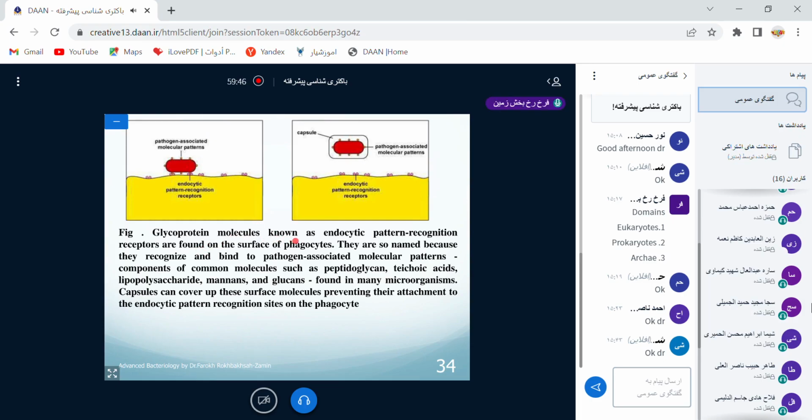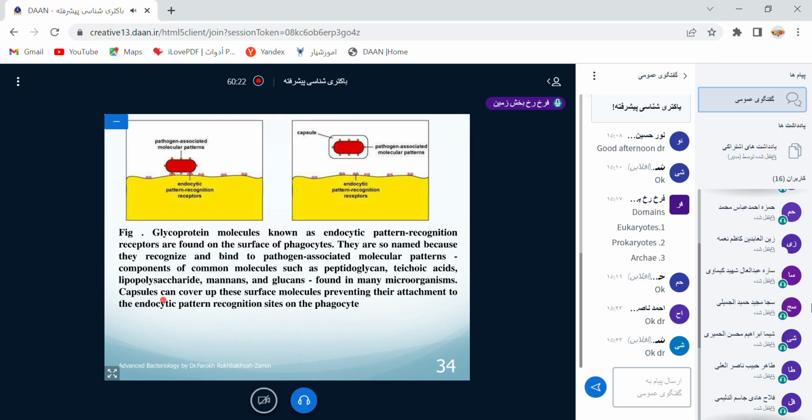Glycoprotein molecules known as endocytic pattern recognition receptors are found on the surface of phagocytes. They are so named because they recognize and bind to pathogen-associated molecular patterns, components of common molecules such as peptidoglycan, teichoic acids, lipopolysaccharides, mannans, and glycans found in many microorganisms.